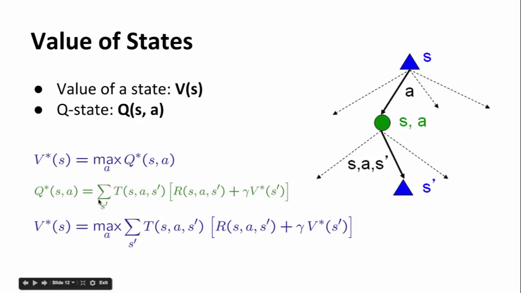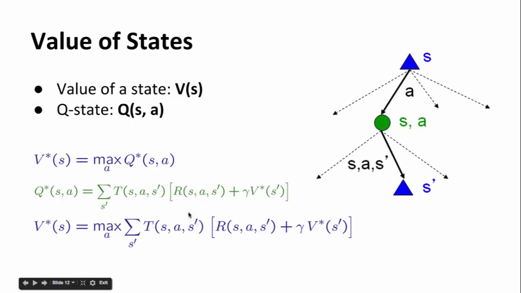So we'll just take the expectimax value, which is going to be a weighted sum over all possible next states. So it's going to be the probability that we land in this next state times the reward of landing in that next state plus the discounted value of that next state. Okay, so here is where we see the discount factor that we talked about in the formulation. And then this third equation is no new information. It's just basically combining these first two equations.